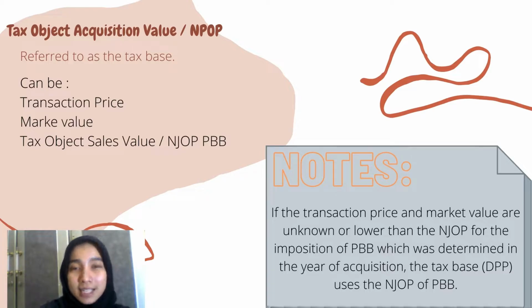If the transaction price and the market value are lower or unknown, we determine the NJOP PBB as the NPOP, or it can be the tax base for the land and building title transfer duty.